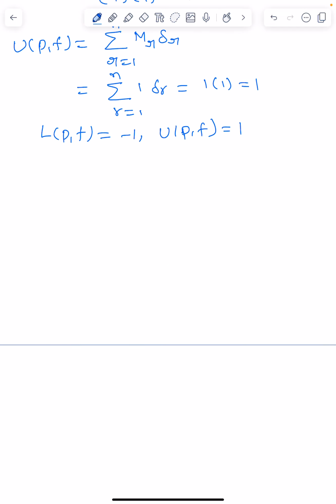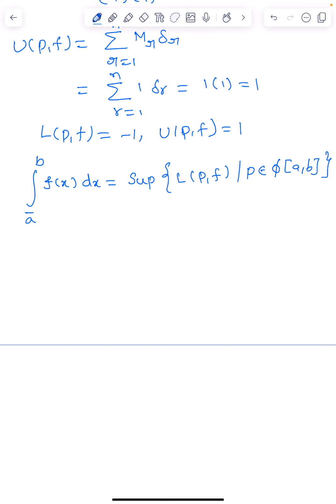Now calculate the lower Riemann integral. The lower integral from a to b of f of x dx is, by the definition of lower Riemann integral, the supremum of L(P, f) such that P belongs to pi of [a, b], where pi of [a, b] is the set of all partitions defined over the closed interval [0, 1].